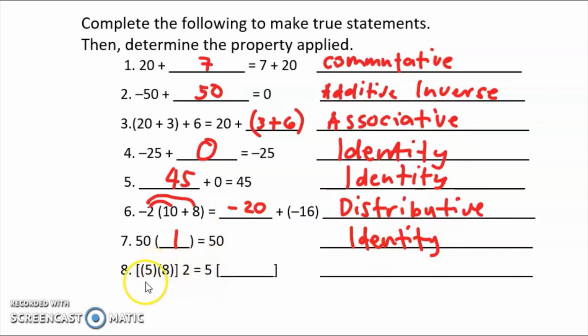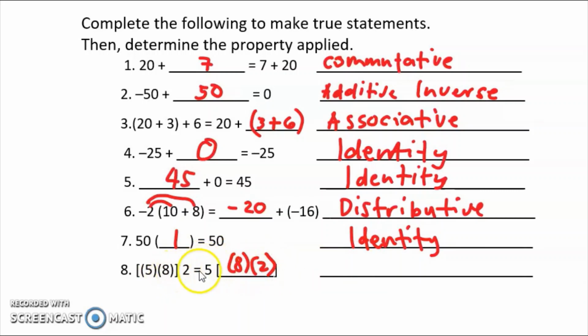How about here? Sa unang association natin, 5 and 8 yung magka-group, nahiwalay, isolated si 2. Ngayon, dito naman sa pangalawa, 5 naman yung isolated. So, yung nasa loob is 8 times 2. Anong property ito?